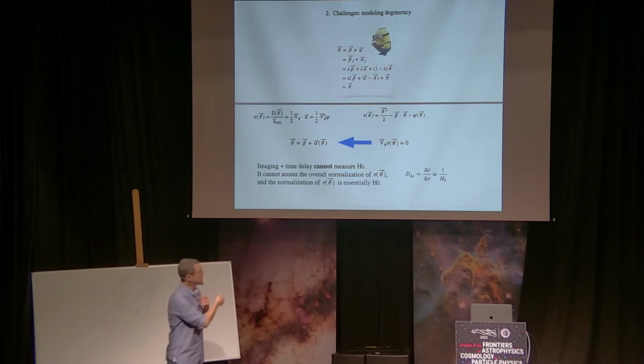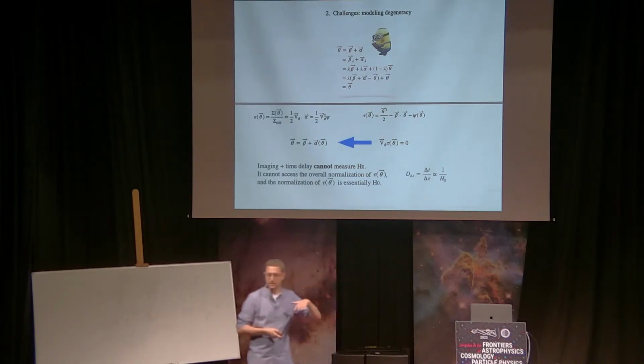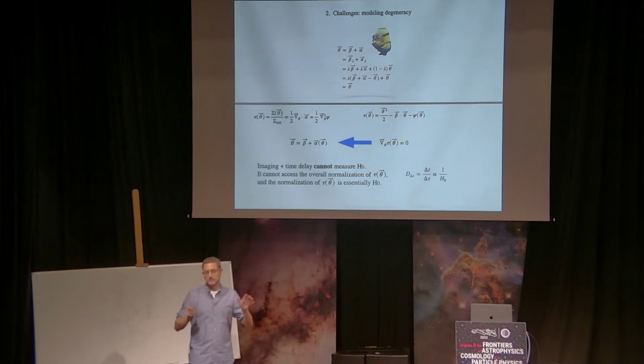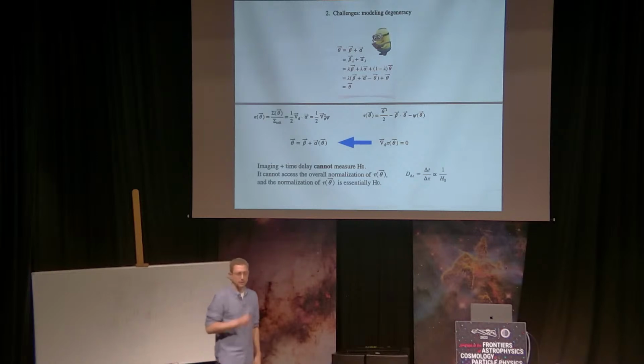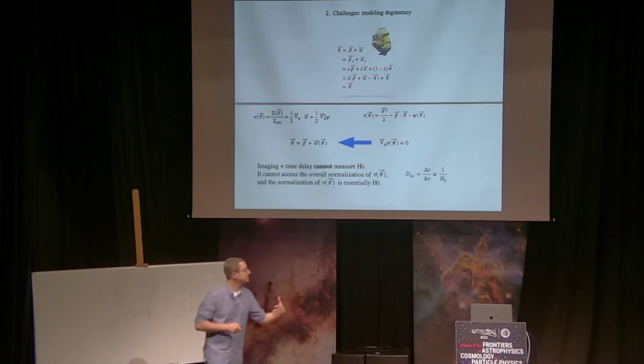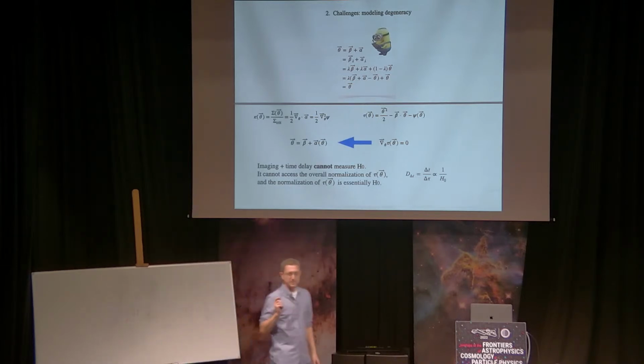But zeros of the gradient of the travel time will be there regardless of the overall normalization of the function. Okay? So imaging information can never, ever, as a matter of principle, tell you what is the normalization of time delay. All they can tell you is where are the zeros, where are the extrema. So, in fact, imaging and time delay can never measure h0.